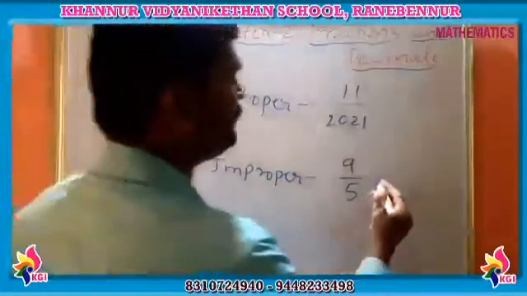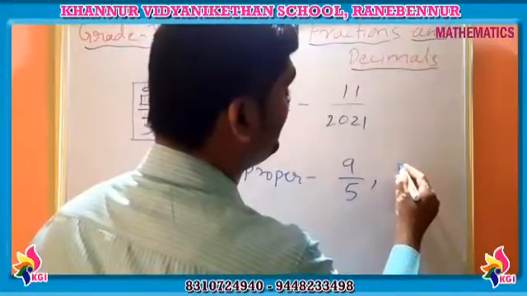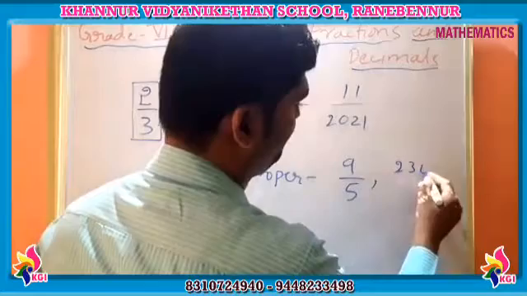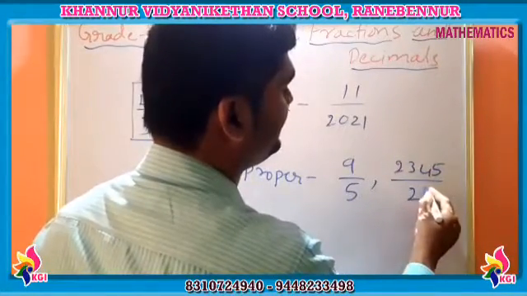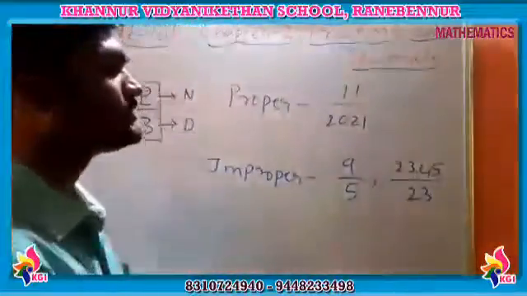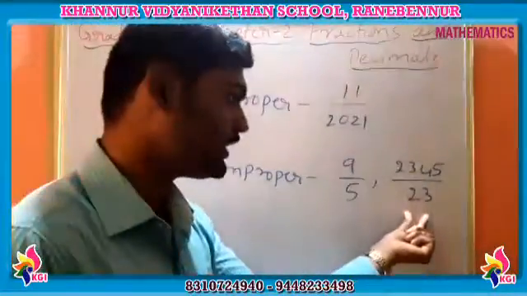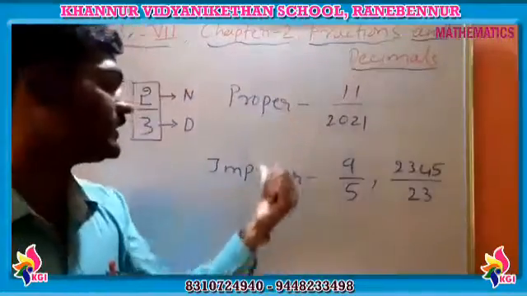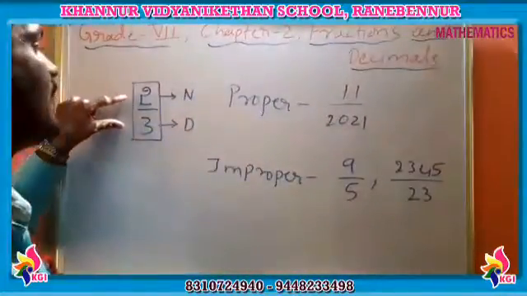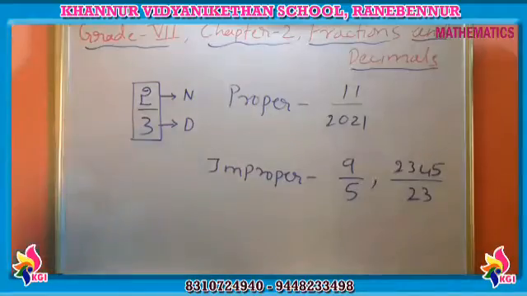One more example if you wish: 2345 divided by 23. Now you see that this 23 is smaller than the numerator. Understood children? These are the two types on the basis of the numerator and denominator.